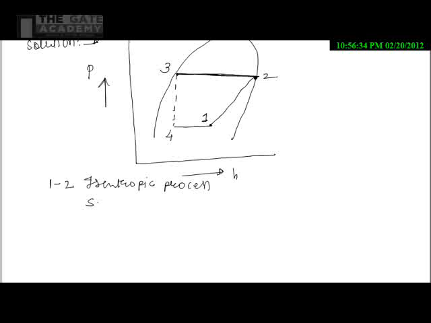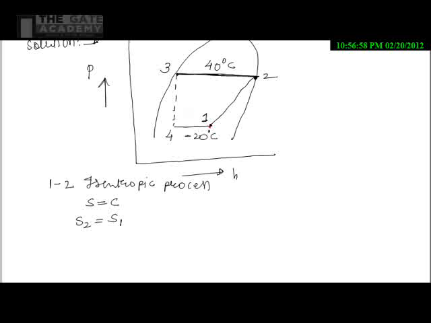S will be constant. So I can write S2 equals S1. S2 is nothing but the entropy for saturated vapor at 40 degrees centigrade. This temperature is 40 degrees centigrade, and this temperature is minus 20 degrees.